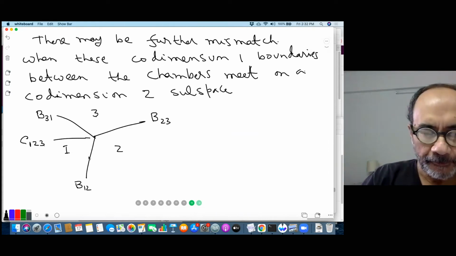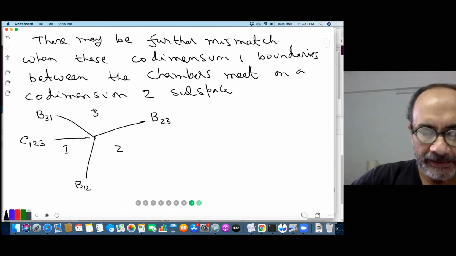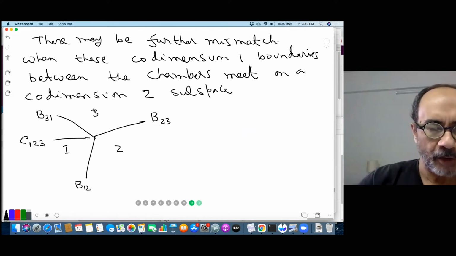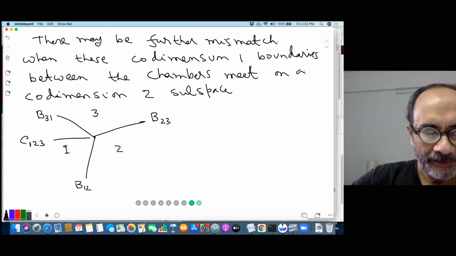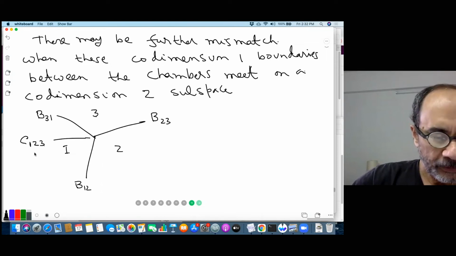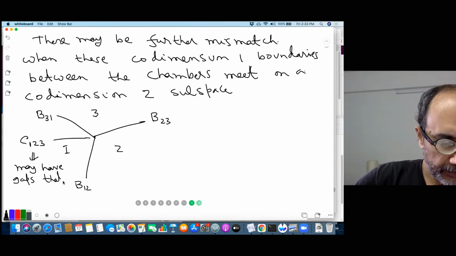We fill the gap by a vertical segment. Across B23, the PCOs jump, we fill the gap. Across B31, we fill the gap. But now, what we will see is that there can be further additional gaps on C123. So this may have gaps that need to be filled.